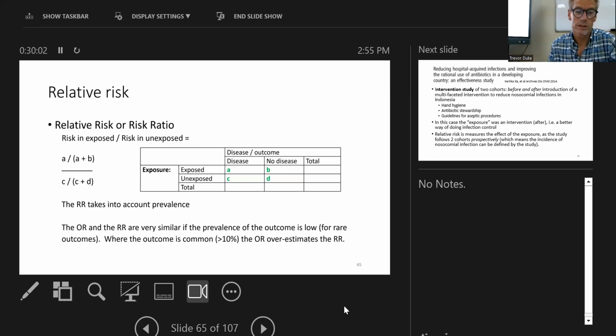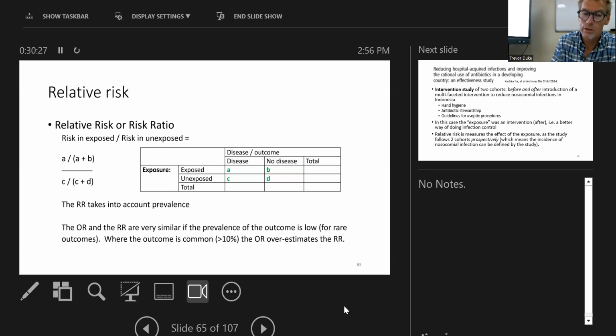And so this is the relative risk. It's a little bit different to, remember the formula for the odds ratio was a bit different to this. This is A on A plus B divided by C on C plus D. It's the risk in the exposed subjects divided by the risk in the unexposed subjects, right?